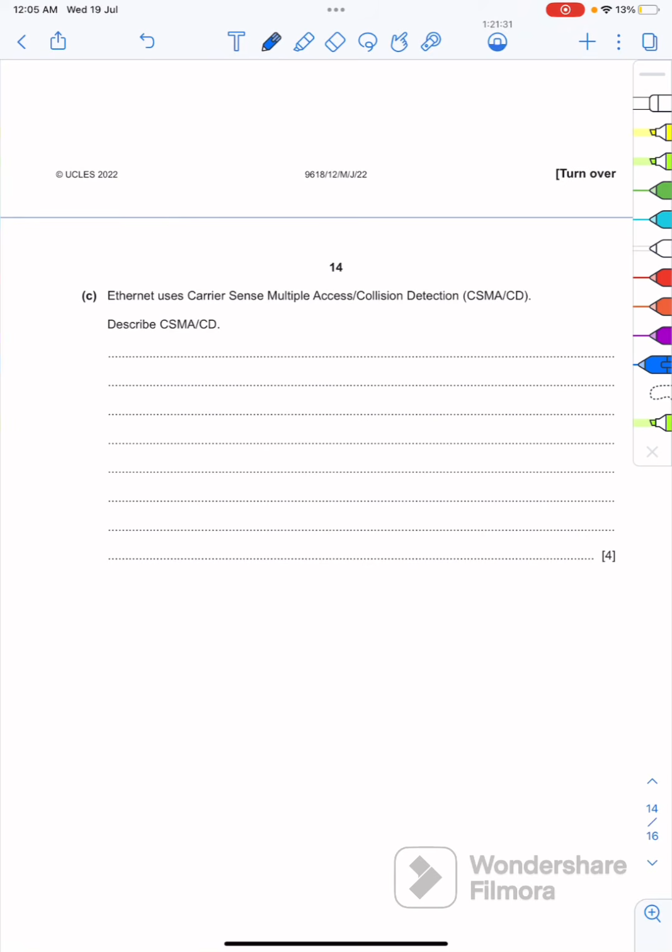If a collision occurs, a jamming signal is sent and transmission is stopped. Once that has happened, both of the workstations wait a random amount of time before sending data again. And that in essence is just carrier sense multiple access. So I've explained it to you for a 5-mark question. Now let's just write it.